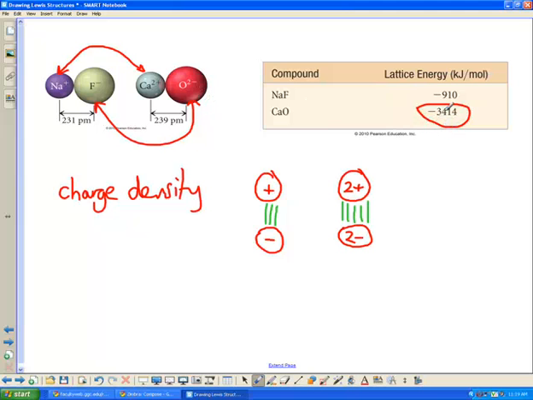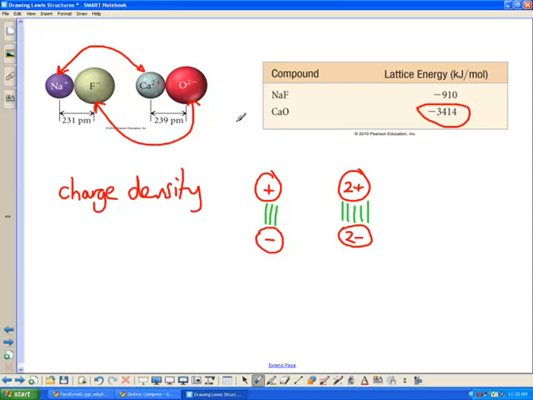So after we have done, you can see it's got a lot to do with the charge on the ion. So really, what that means is the higher the charge, or really the higher the charge density, then the stronger the attraction is going to be, and the more exothermic the lattice energy is going to be, the higher the magnitude is going to be.